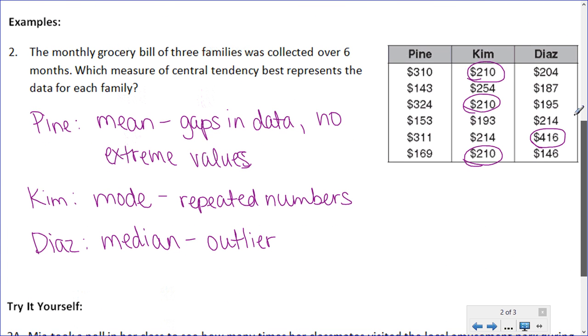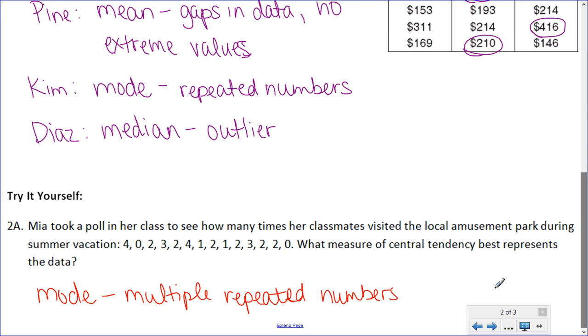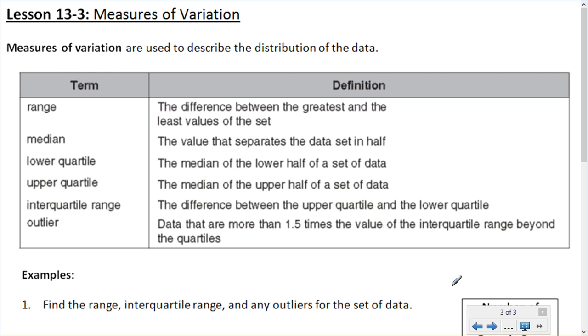Whereas, for example, the grocery bill for the Diaz family had a large range. The lowest value was 146 and the highest was 416. So the range here was over $200, over 250 actually. So that's a big difference. So you can see how the range there tells you something about how distributed the data is.